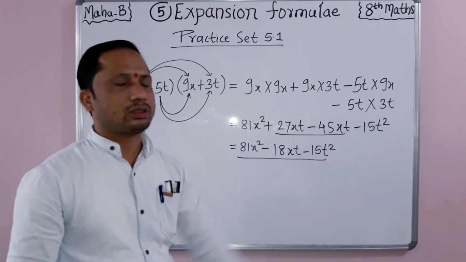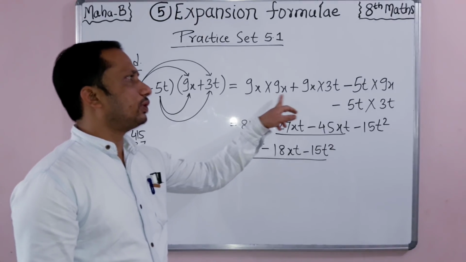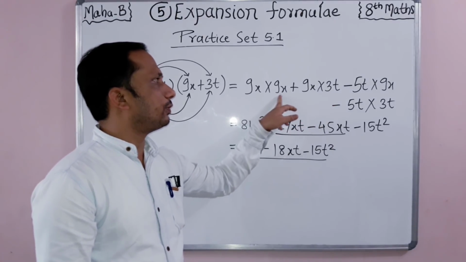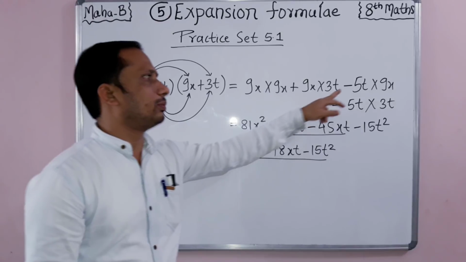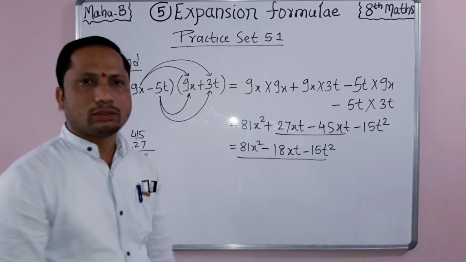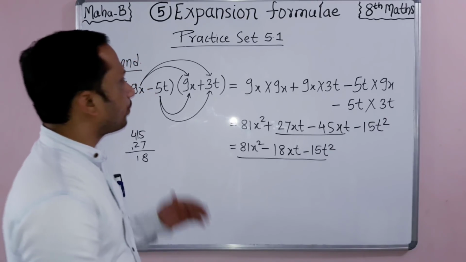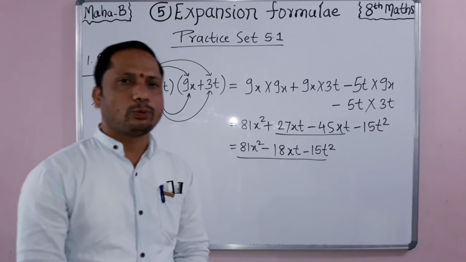Just do the process and find the solution. Do the perfect calculation, the perfect multiplication, and put the minus and plus signs perfectly, and you will obtain your final solution. Now we are going to solve the seventh problem of our practice set 5.1.